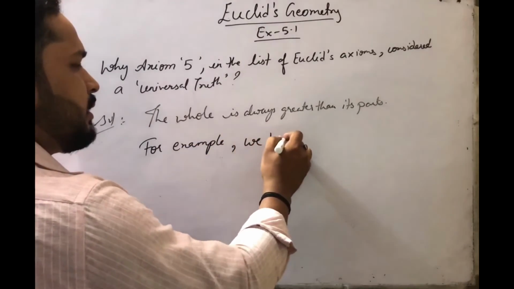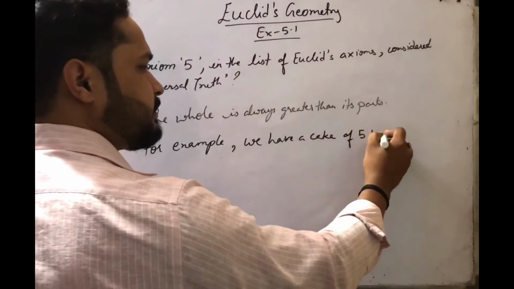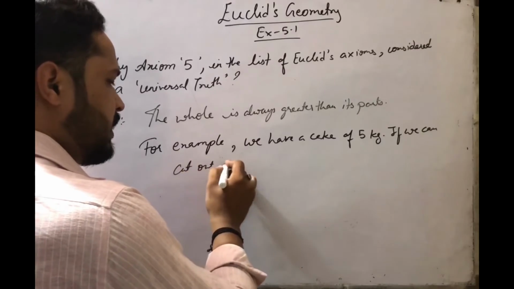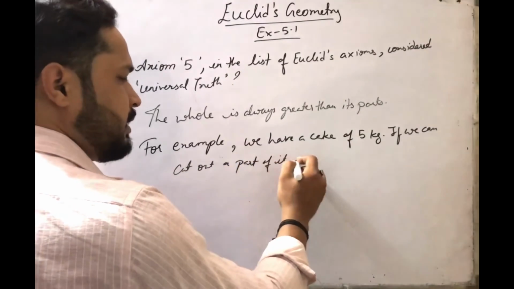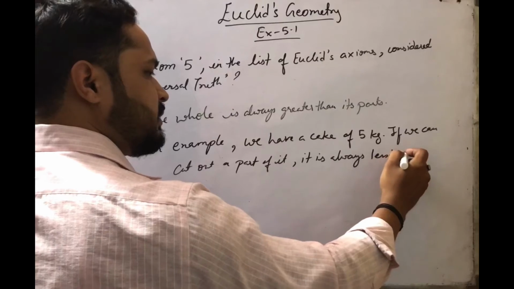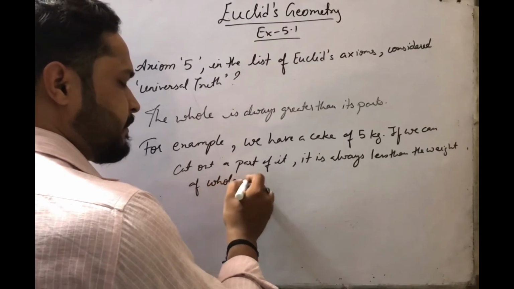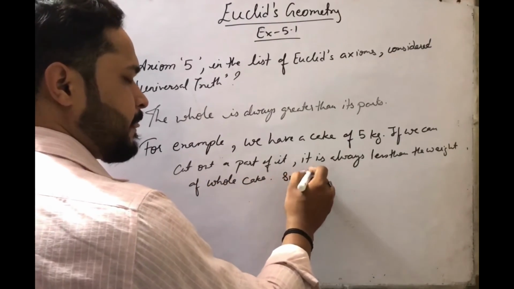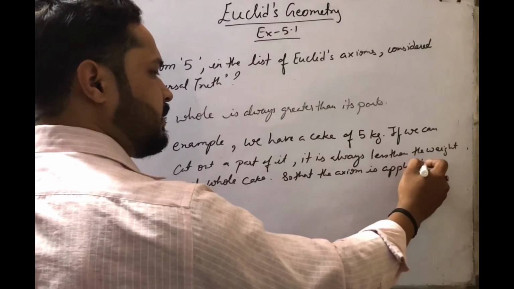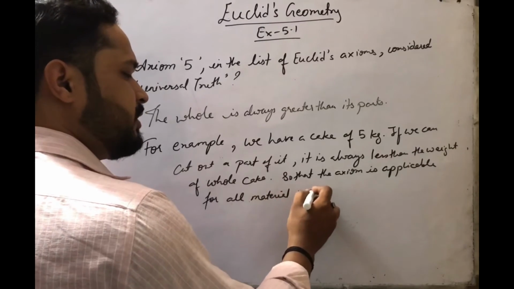we have a cake of 5 kg. If we cut out a part of it, it is always less than the weight of the whole cake, so that axiom 5 is applicable for all the materials in the universe.